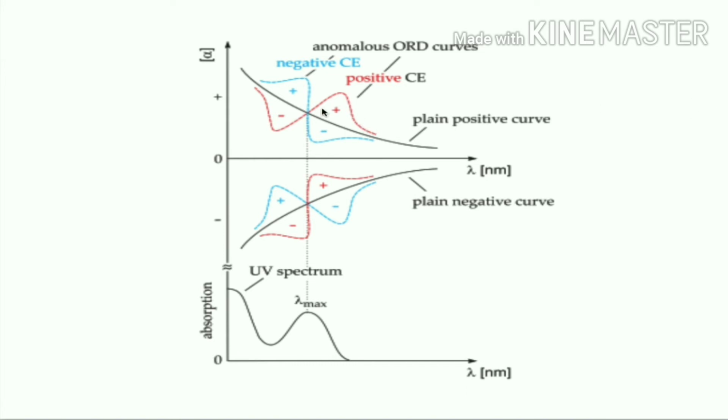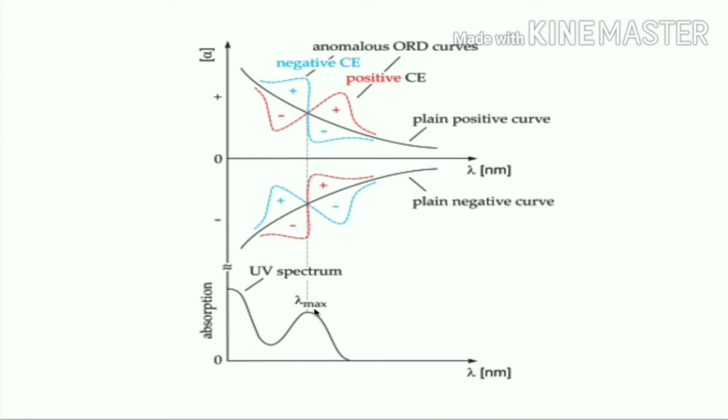So this is the anomalous ORD curve. For positive, first the rotation increases, then it decreases. So first peak followed by trough, whereas negative is first trough, then peak.